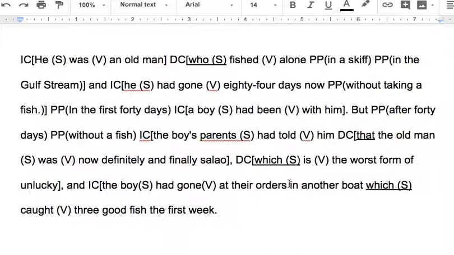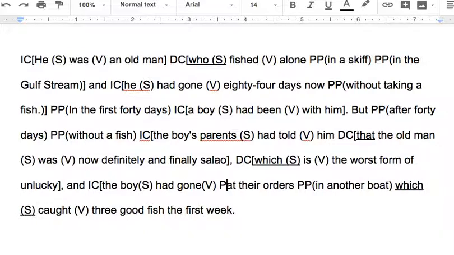Here's our first one, in another boat. So let's identify that by putting parentheses around the prepositional phrase, in another boat. At their orders, another prepositional phrase, the preposition plus the noun. At their orders.